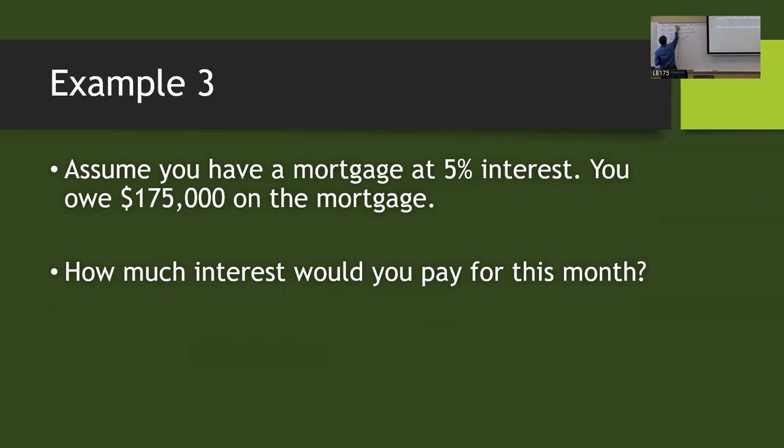Go ahead and try that one on your own. Again, compounded monthly. Assume we're compounding monthly because almost all loans, like on your mortgage or in a bank, most loans are monthly.